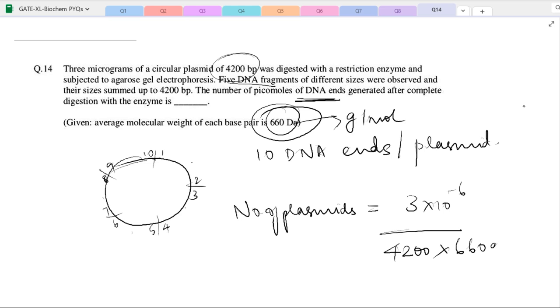So 660 grams per mole. So this is 3 into 10 power minus 6 grams divided by 4200, the total number of base pairs in the plasmid, into 660 grams per mole. This gives you the number of plasmids in terms of the number of moles. When you calculate this, you get approximately 3 by 2.77 picomoles, because I converted this to picomoles since the final answer was asked in picomoles.